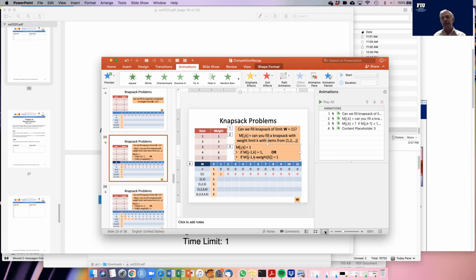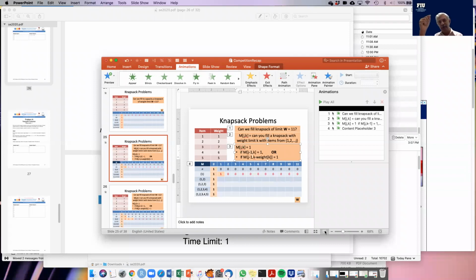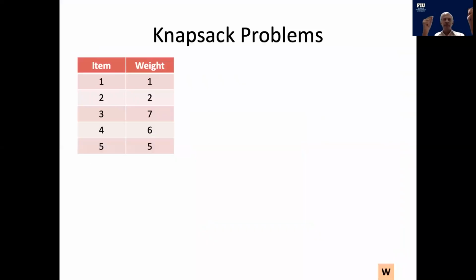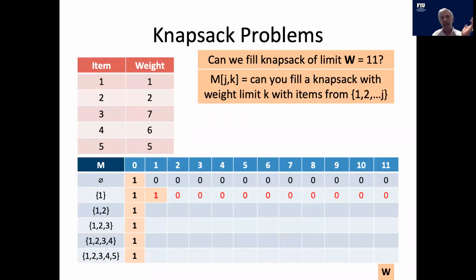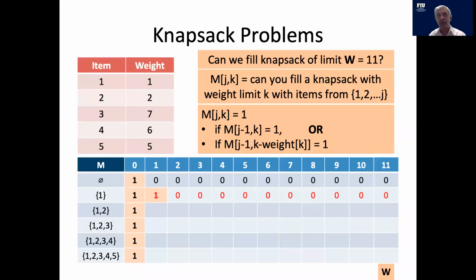So either the item in the previous row of the same column should be a 1, or the item in the previous row but several columns away should be a 1. So in this case, what I can do is I can add the jth item, whose weight I know to be weight of j, and I know that I would achieve the total weight of k.